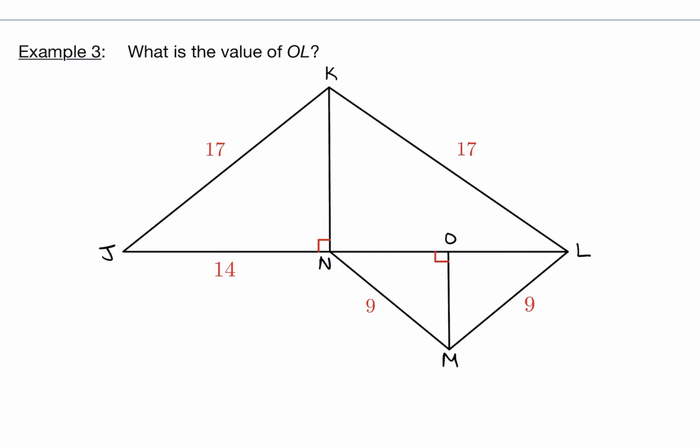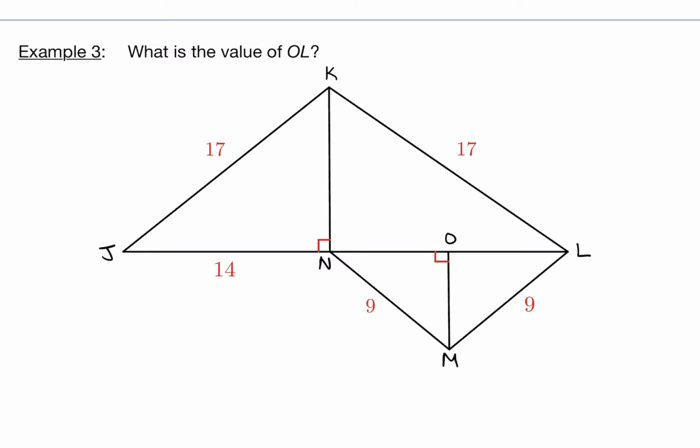What we see is that segment JK is 17 and segment KL is also 17. And because these are equidistant, we know it's on a perpendicular bisector.